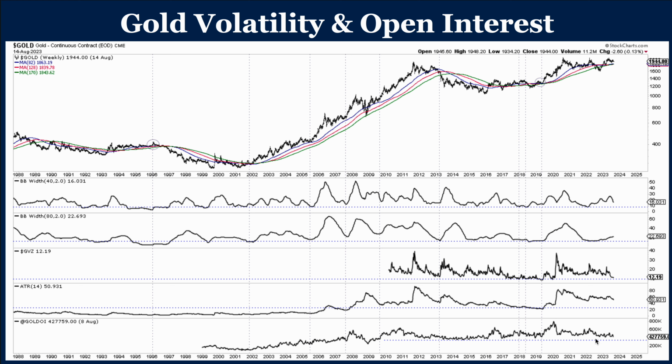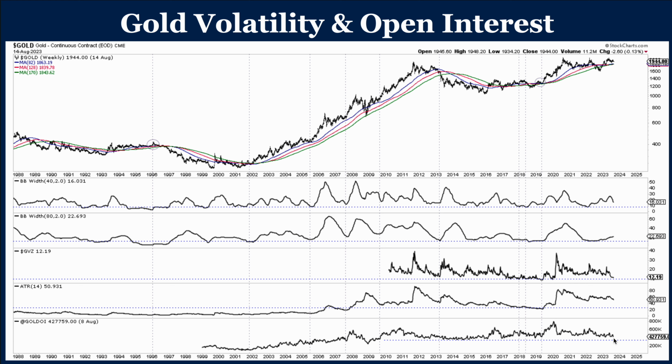Open interest is another indication of interest in the market, which is obviously coming down. As of the last report, this is pretty close to a 5, 6, 7-year type low.